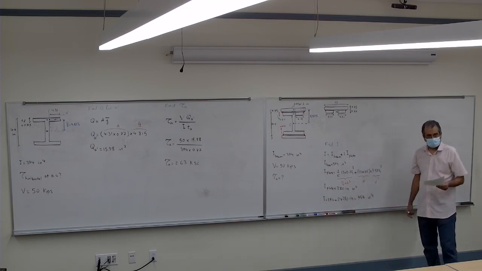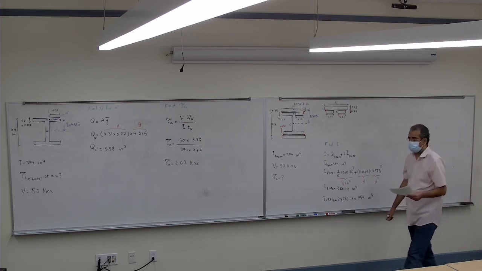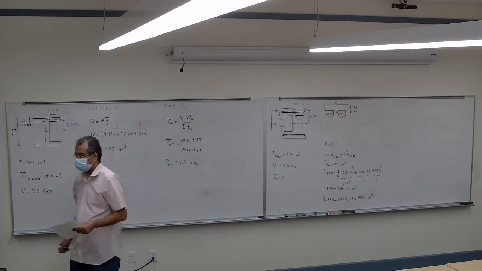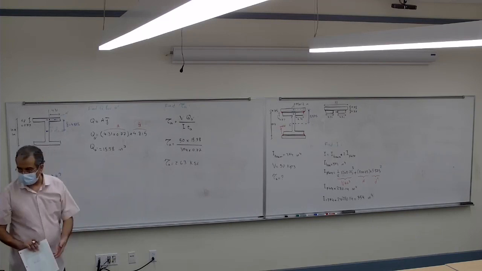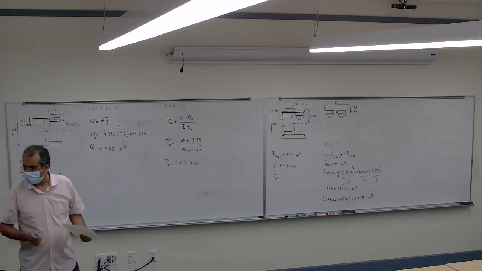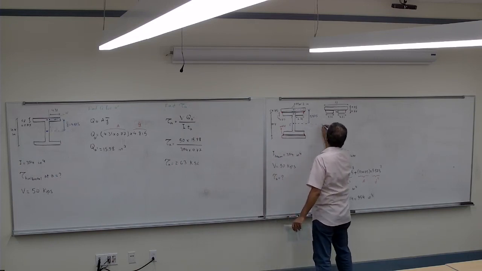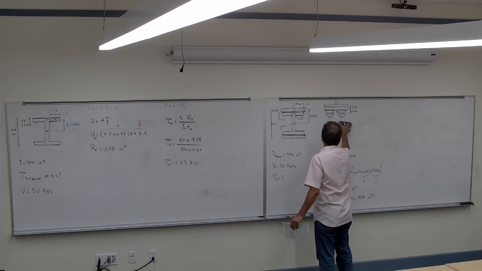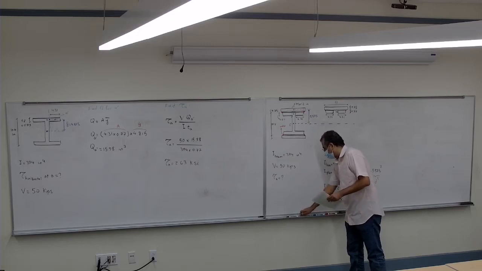Is that right? So that's the I. So I know the I. Then the next thing is that I have to go ahead and find the Q. Remember that C is also going to go all the way to the right.